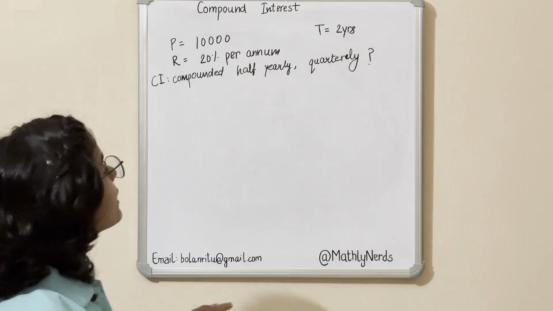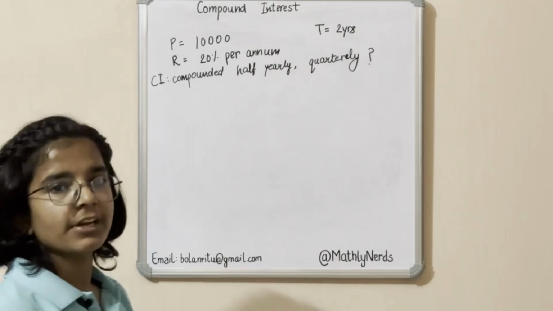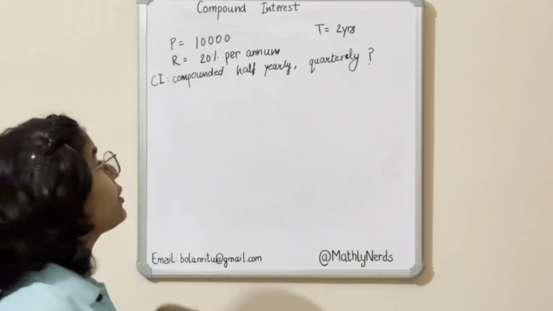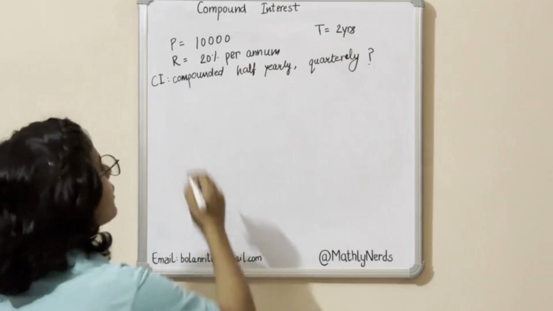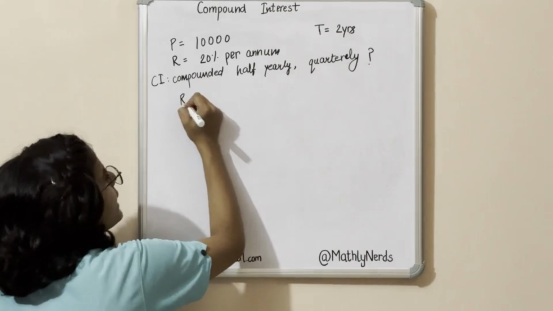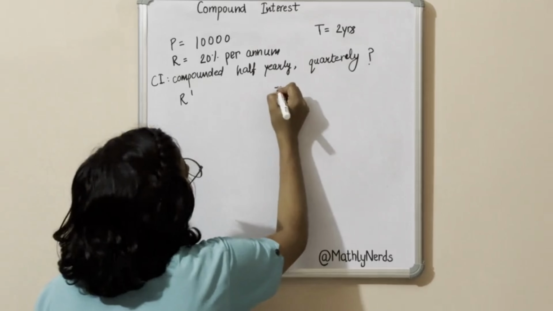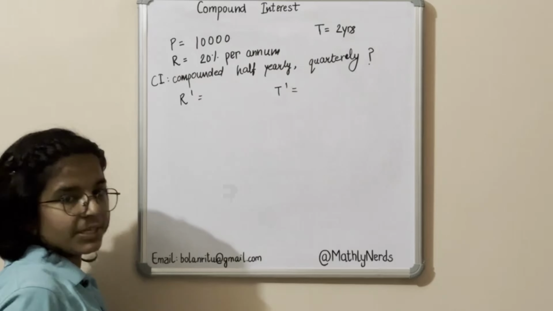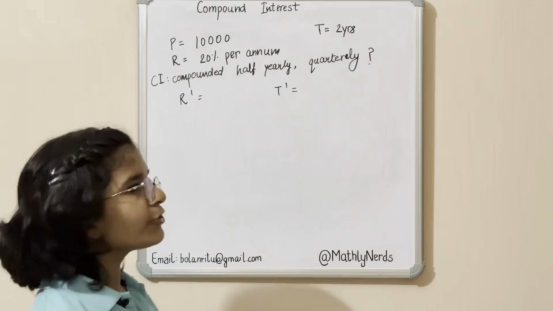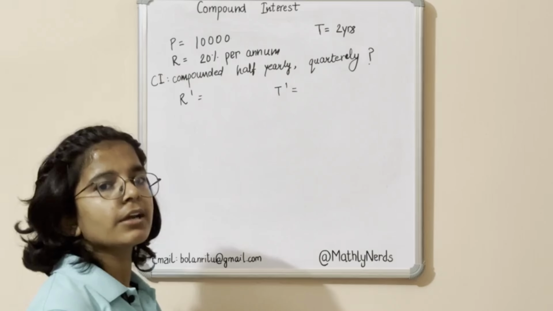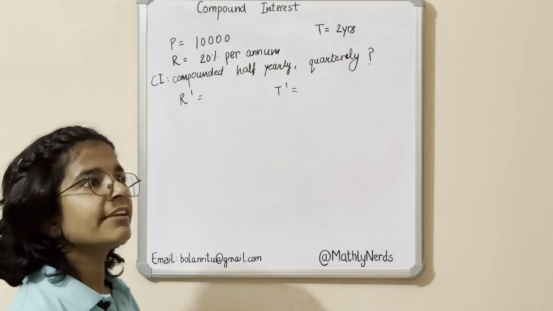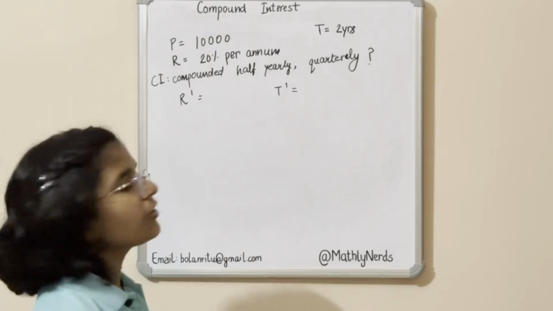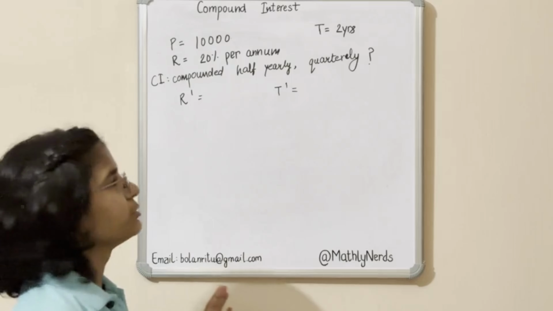Instead, we have to calculate our compound interest half yearly or quarterly. In these questions, we will calculate our new rate of interest, that will be R dash, and our new time span, that will be T dash. This is a simple trick. Otherwise, they will give you complex formulas, and you will just waste your time in putting in those values.